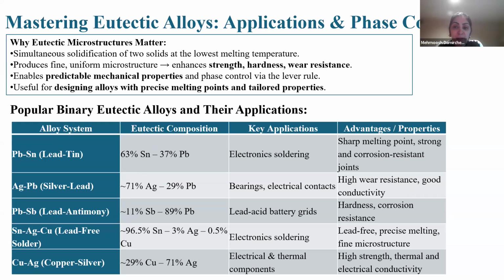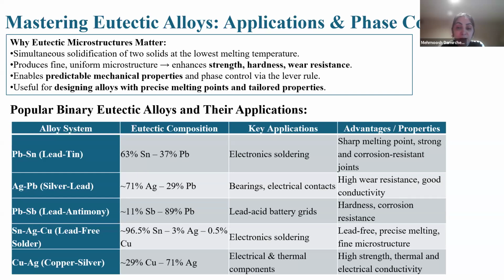Some common binary eutectic alloys: Pb-Sn, used for electronic soldering, provides a sharp melting point and strong, corrosion-resistant joints. Ag-Pb, silver-lead, is used for bearings and electrical contacts, offering high wear resistance and good conductivity.